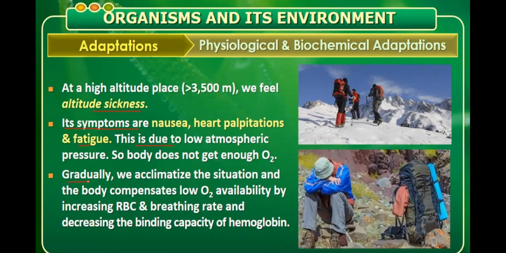But gradually we acclimatize, and the body compensates for low oxygen availability by increasing RBC and breathing rate and decreasing the binding capacity of hemoglobin. In this way, through physiological and biochemical adaptation, the body manages the stressful condition.